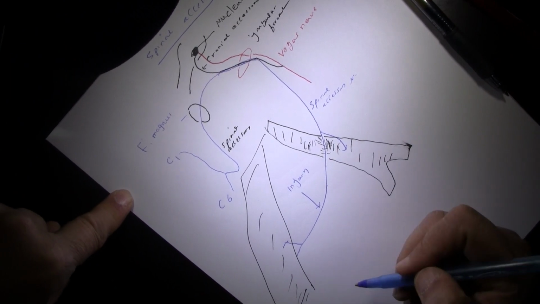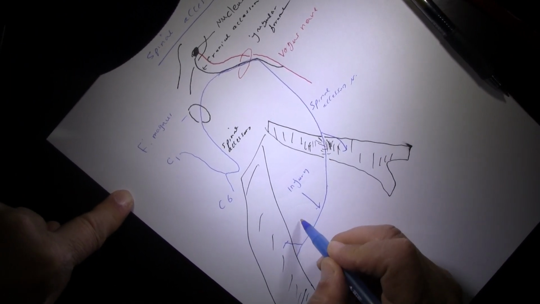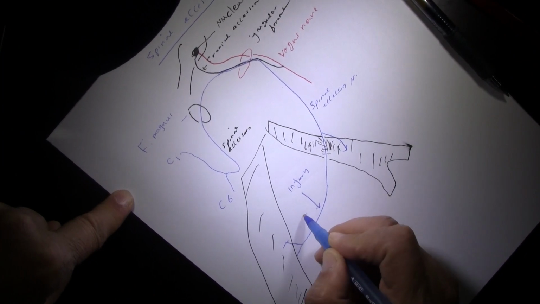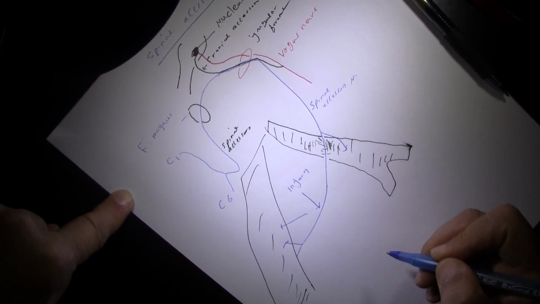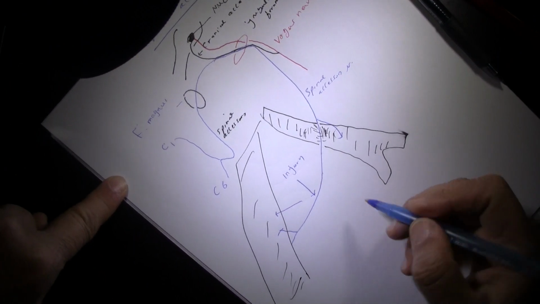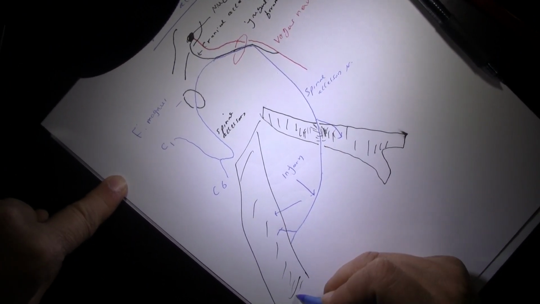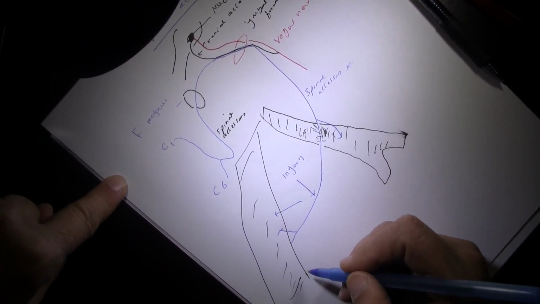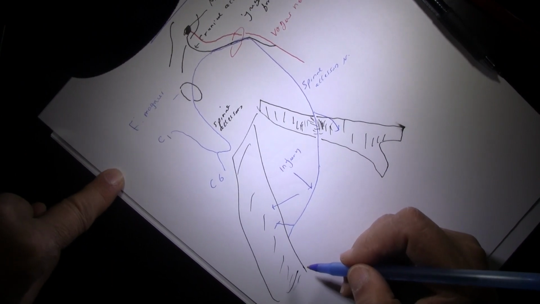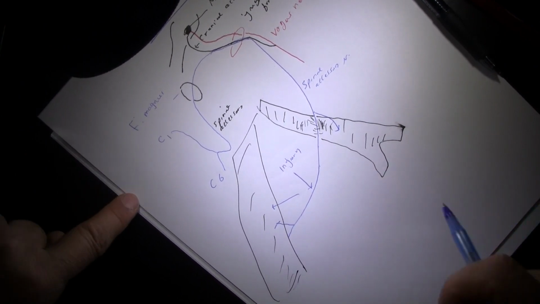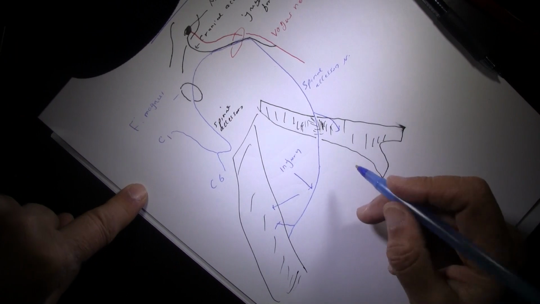Which muscle is going to be paralyzed? The effect is going to impact only the trapezius. In this condition, if you ask your patient to shrug the shoulder, they are not going to be able to, or to elevate the arm above 90 degrees.